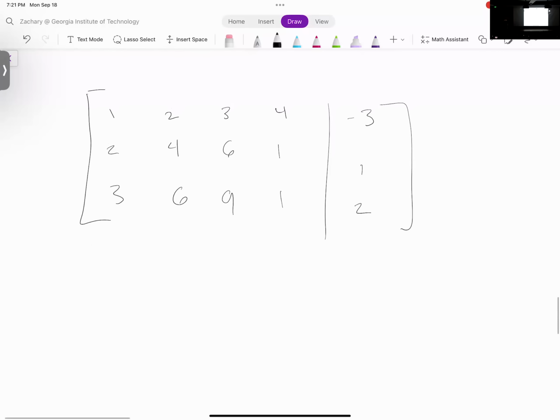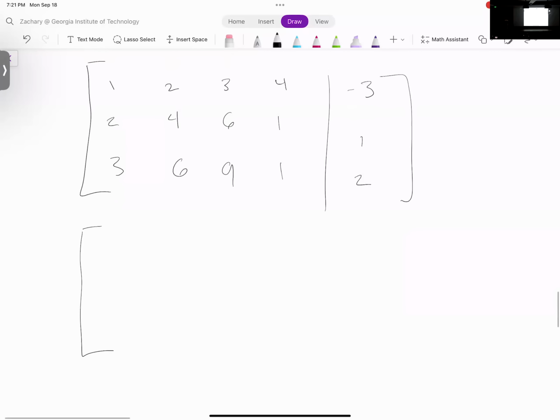So what is the first step to get a solution set always? We row reduce. Okay, if we row reduce this matrix, we're gonna get 1, 2, 3, 0.